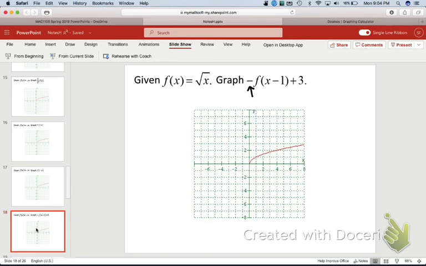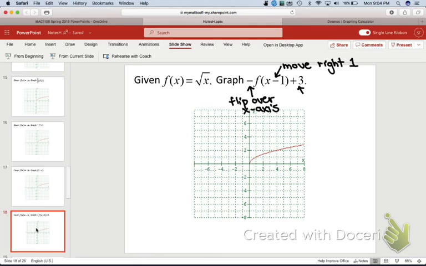This negative in the very front is going to flip my parent function over the x-axis. This x minus 1 inside the parentheses is going to move my parent function to the right one.